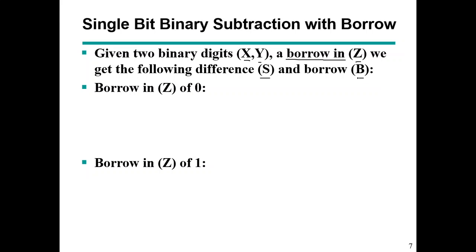We can have a difference, which we call S, not D. And we can have a borrow, like we may need to borrow something. If we are borrowing something, we represent it by 1. If we are not borrowing something, we represent it by 0. That is a borrow from the next higher position. Here it is called borrow in, but this is basically a previous borrow, whether there was a borrow from this current position in the previous subtraction or not. When we look at it, we will understand.